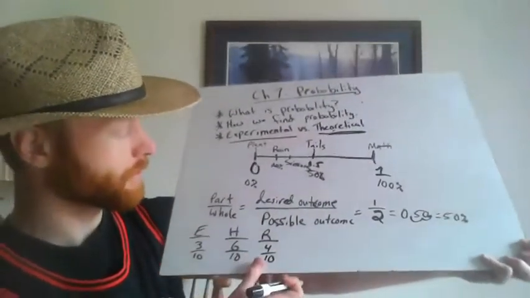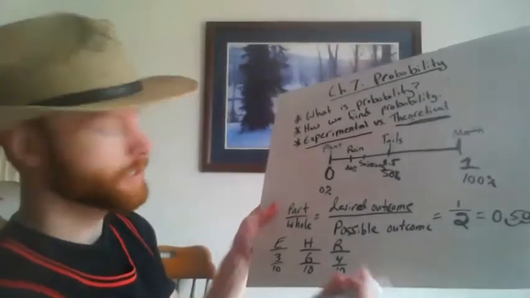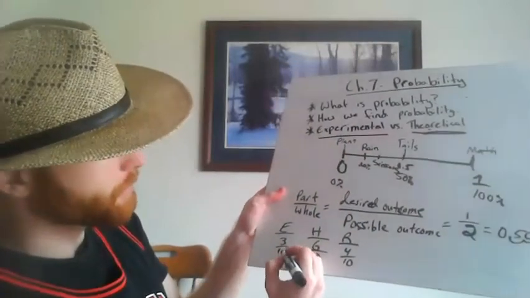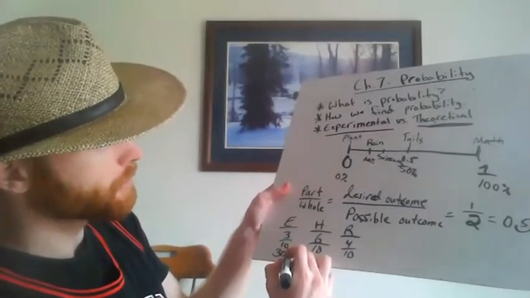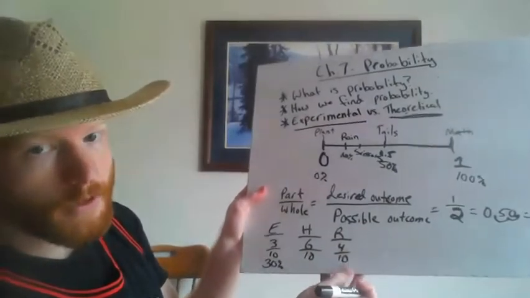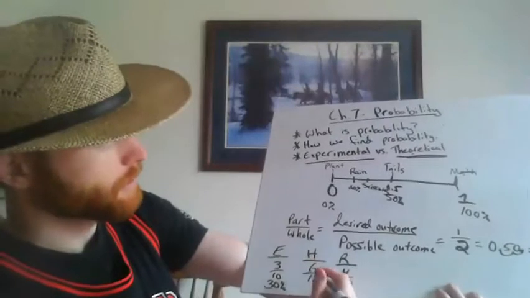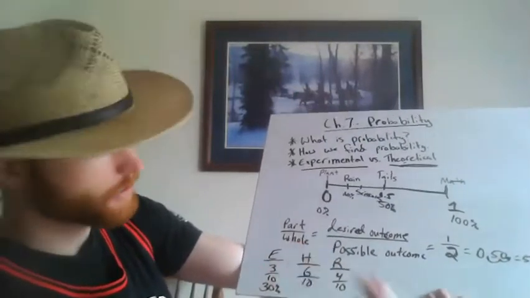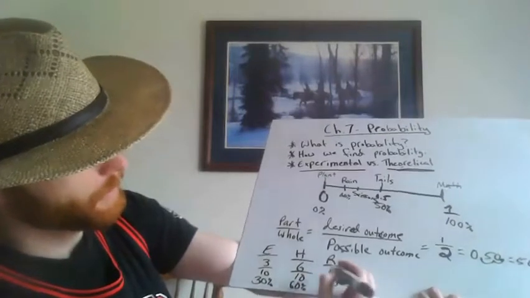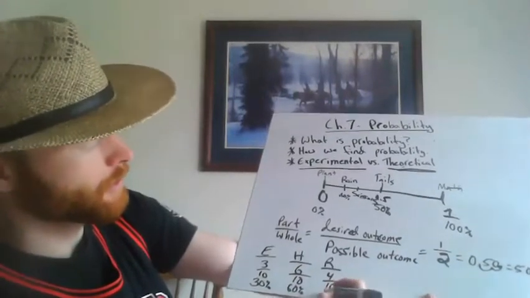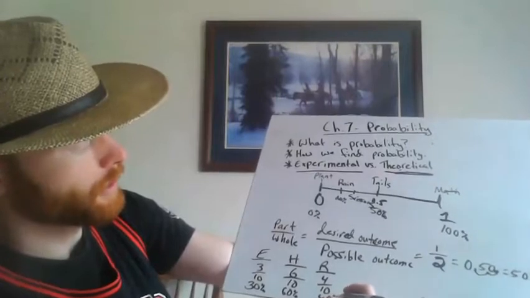So when we convert these numbers into percentages, 3 out of 10, 3 divided by 10 is 0.3 or 30%. 6 divided by 10 is 0.6 times 100 is 60%. And same math for Mr. Rauer, who wound up with 40%.